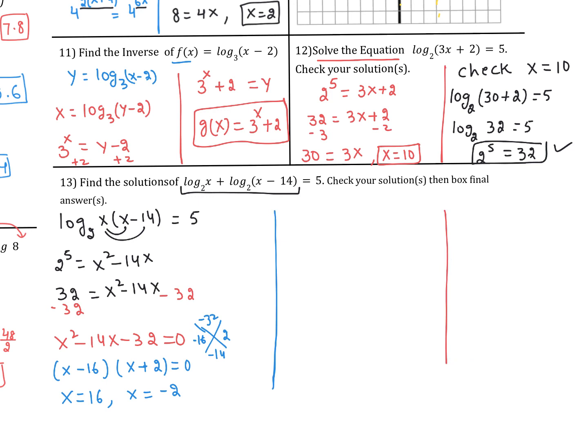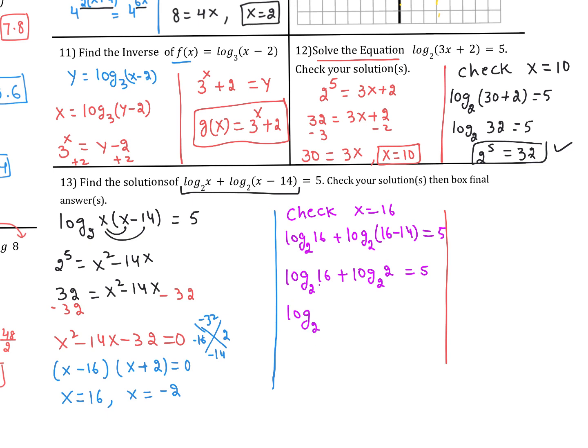You're going to check for the solution. You're going to check x equals 16. Plug it into the given equation. You got here log base 2 of 16 plus log base 2 of 2. 16 times 2 is 32, and change it into exponential, which is true.